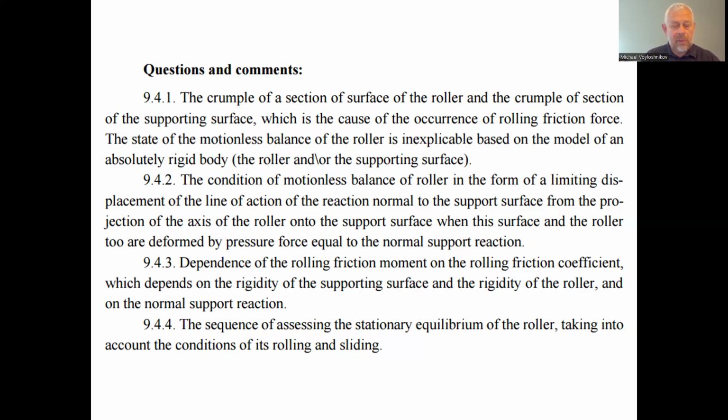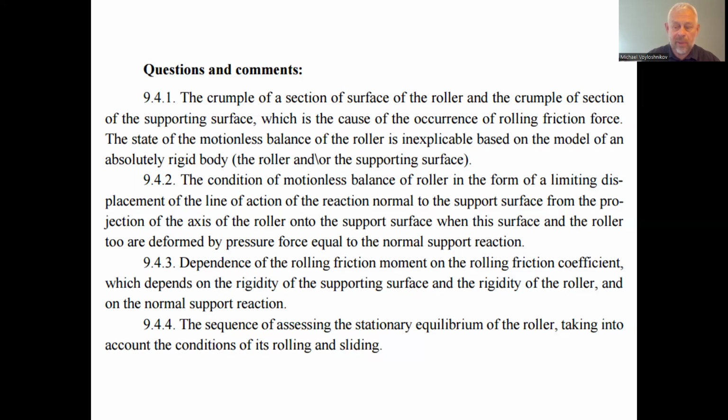The state of motionless balance of the roller is explicable based on the model of an absolutely rigid body, the roller or the supporting surface. In the state of motion balance, only zero force can cause a balance.